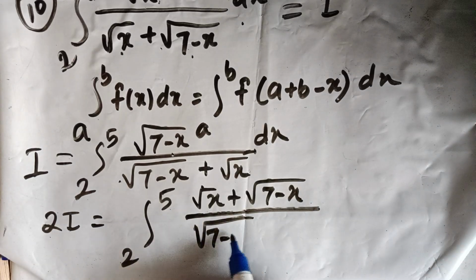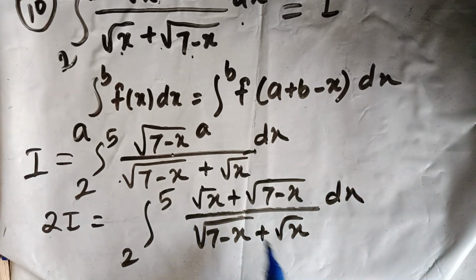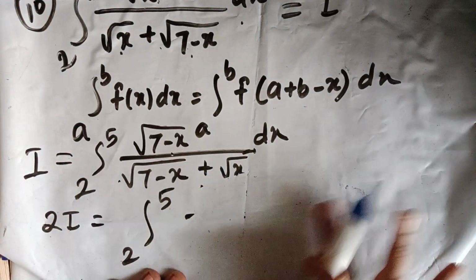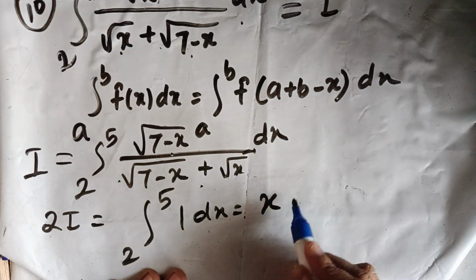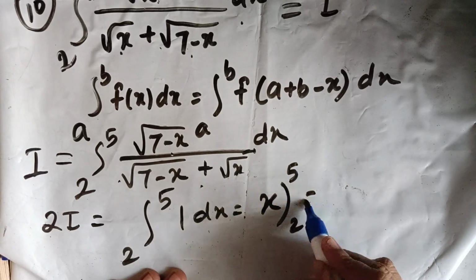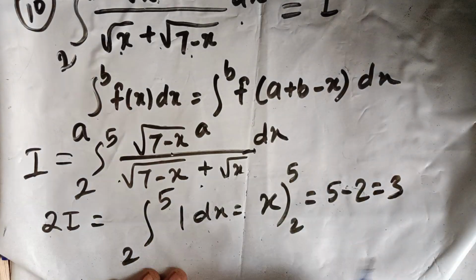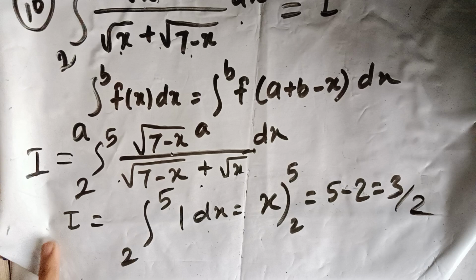And this denominator is also same. Okay. So here you will get 1 dx. So this is nothing but x, 2 to 5. You will get 5 minus 2, which is 3. And this 2 is there. So I is our 3 by 2.